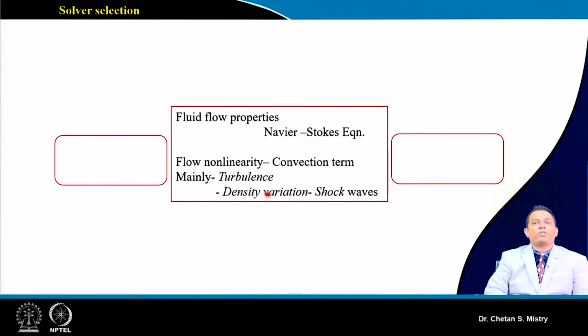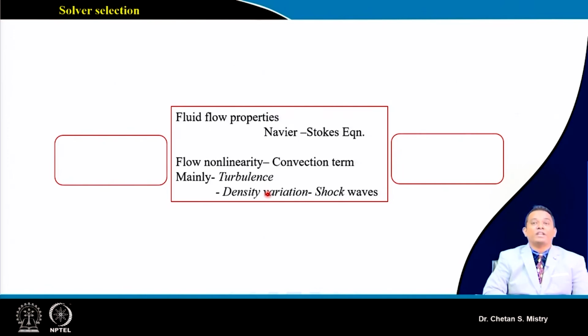Now the question that will be coming next is in terms of selection of solver. So basically we are solving the Navier-Stokes equation in order to calculate my flow properties. Now we are having flow non-linearity, which we say is a convection term, because of maybe turbulence or maybe density variation because of presence of shocks.